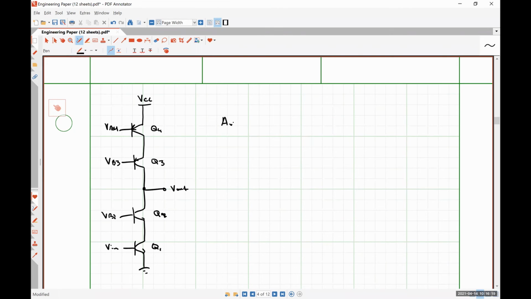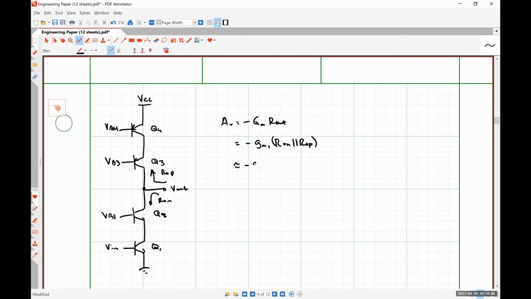So AV is still negative GM R out, which is going to be negative GM1 times R out N in parallel with R out P, where this is ROP and this is RON.